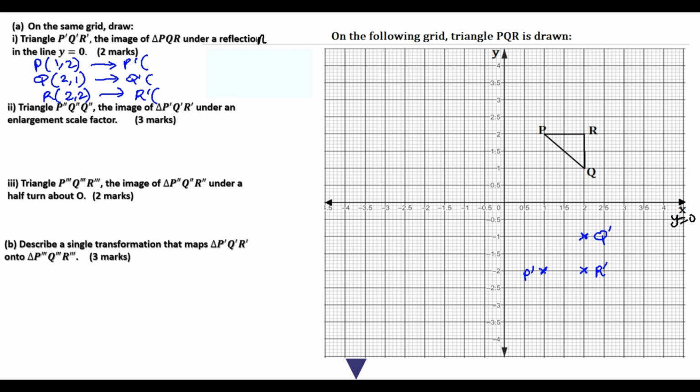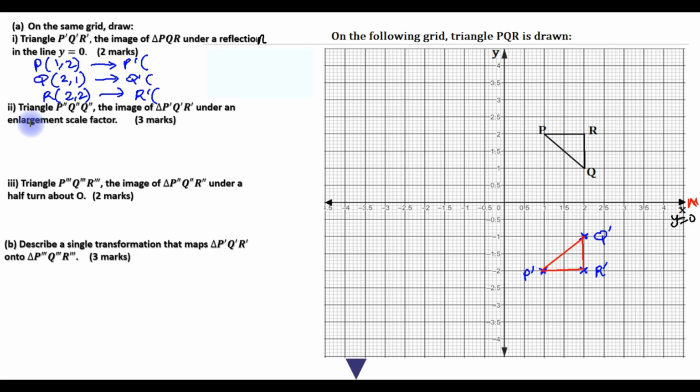Therefore we can join the points together: P prime to R prime, R prime to Q prime, and P prime to Q prime. That is triangle P prime Q prime R prime, and this is our mirror line.